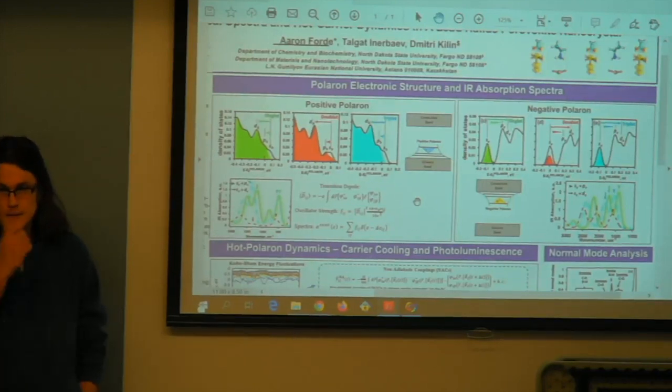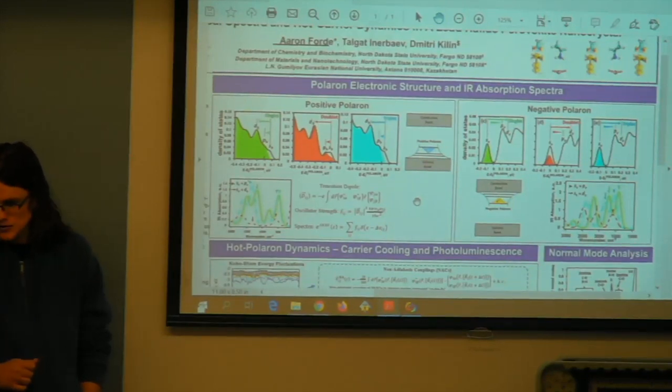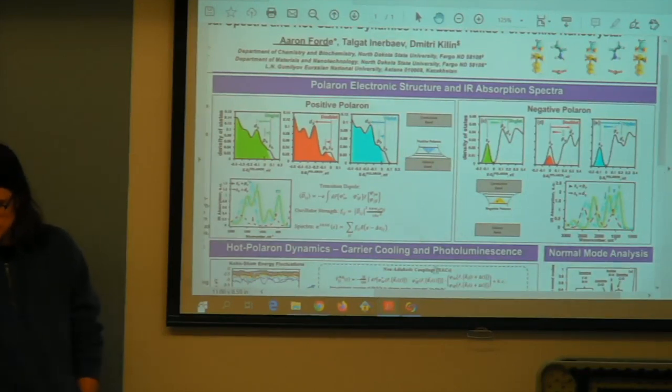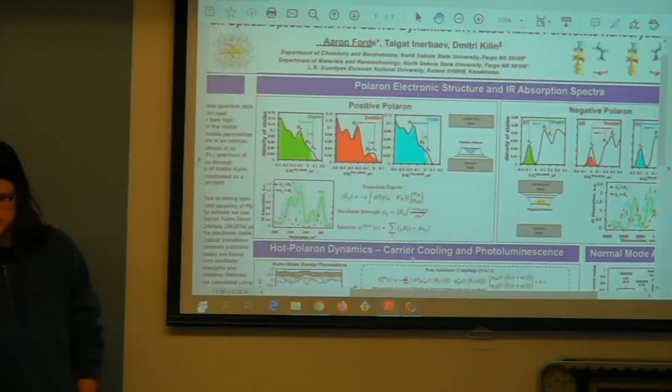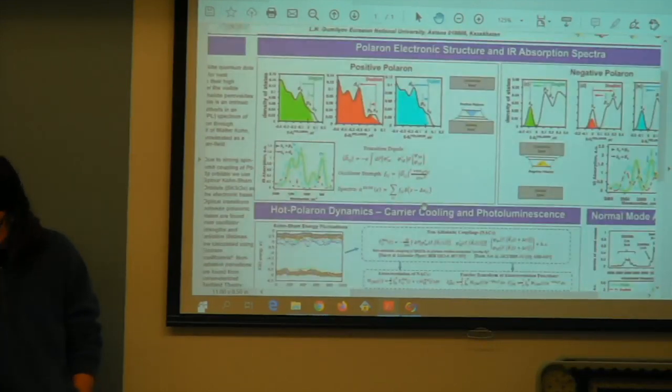So for your data for getting your transition dipole moment and all of that, why do you put it here instead of in your method section? I guess it's easier to reference the equation when it's next to the figure when somebody talks about it. That's kind of how I formatted the rest of my poster too.